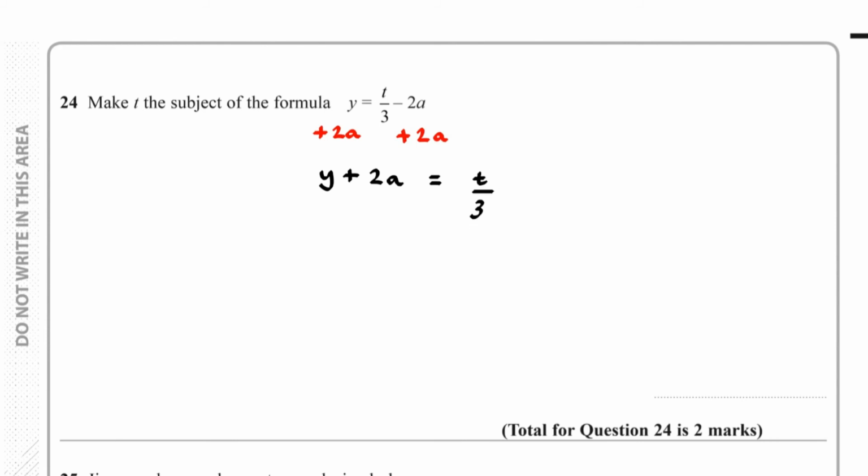And now what we can do is multiply both sides of this equation by 3. And if we do that, what we end up with is t equals 3 multiplied by y plus 2a.